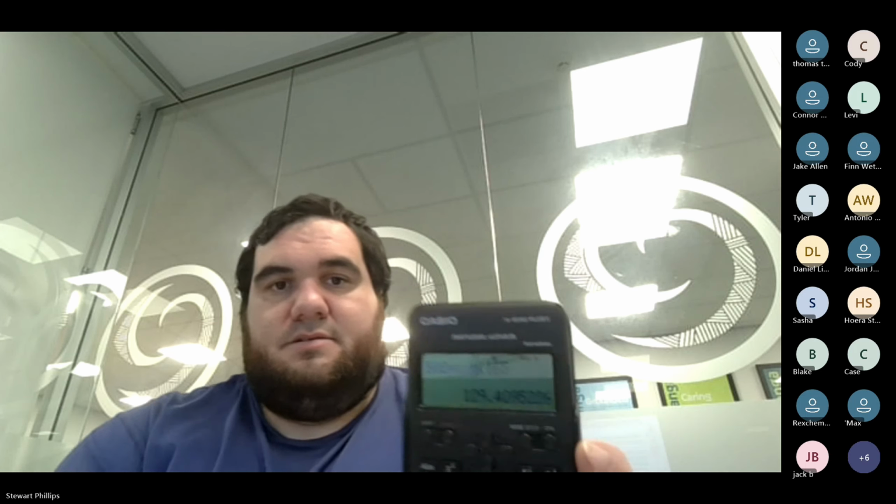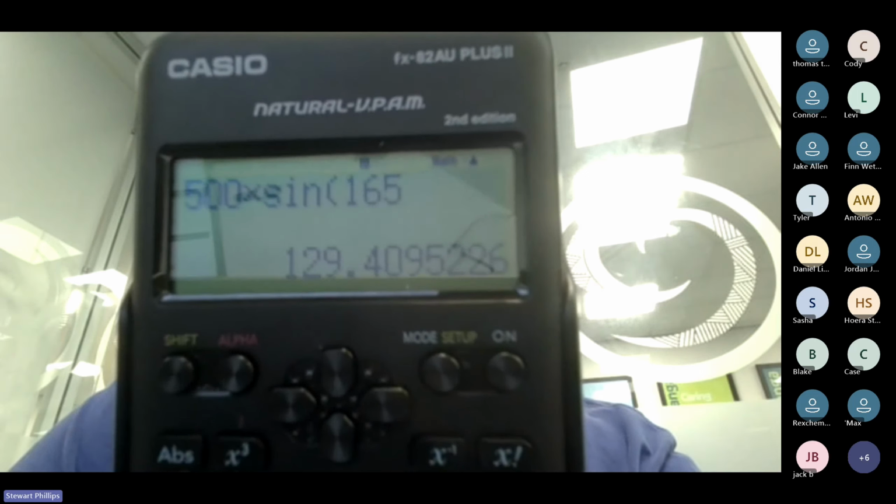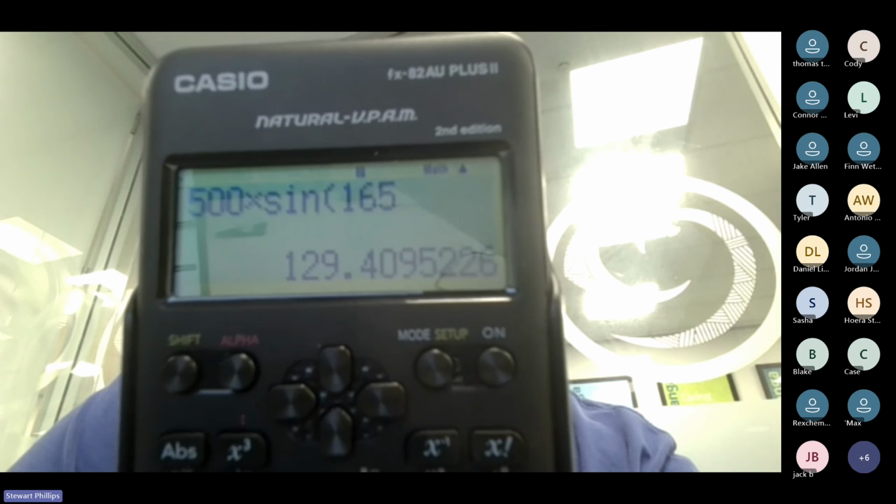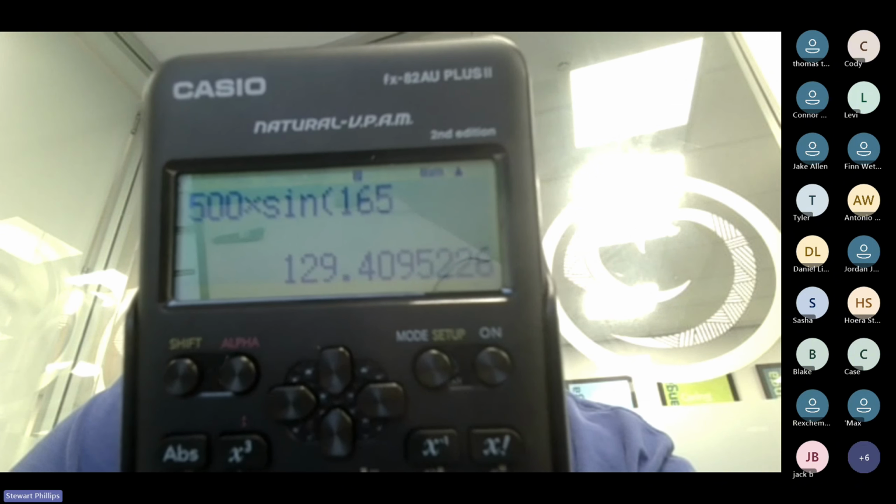So that's what you should have ended up with: 500 times sine of 165 gives you 129.409, which gets rounded to 129.41. All good. So yeah, it was 165, Rex.